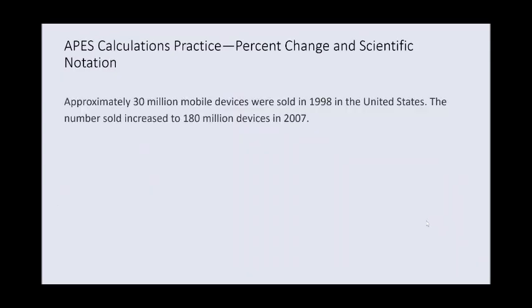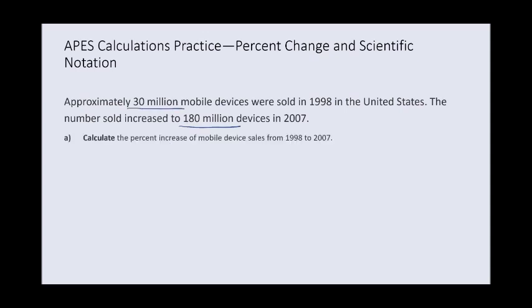The next practice calculations question focuses on the use of percent change and scientific notation. Approximately 30 million mobile devices were sold in 1998 in the United States. The number sold increased to 180 million devices in 2007. So already you can see that we're working with some pretty large numbers.